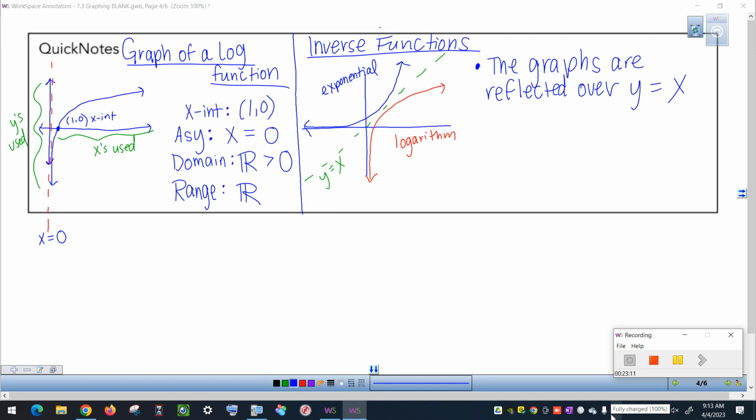Another thing that we saw is that if we have a point on the exponential graph, so I'm just going to pick a point here and I'm going to label it as (a, b). That point (a, b) is going to map to a point over here on the log function where the x and y value positions are going to switch. So it would map to the point (b, a). We're just switching the order.